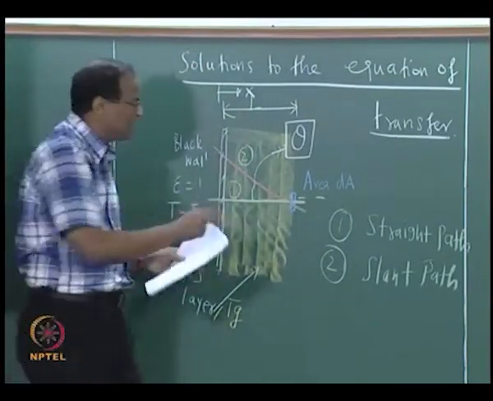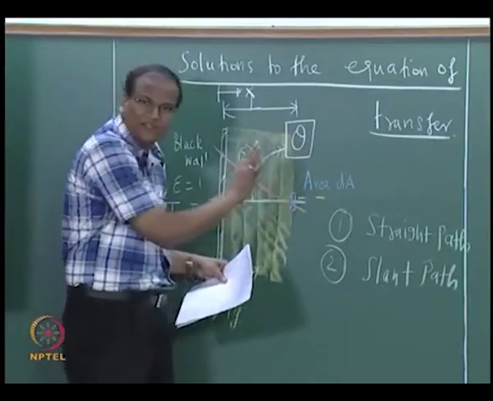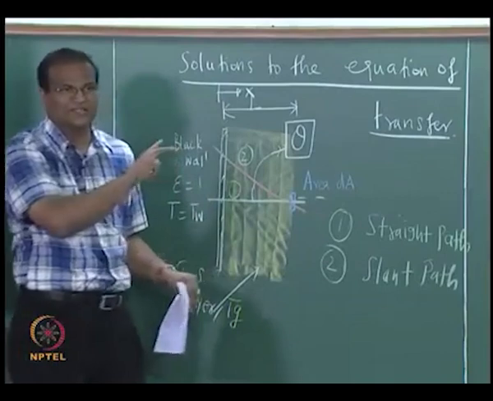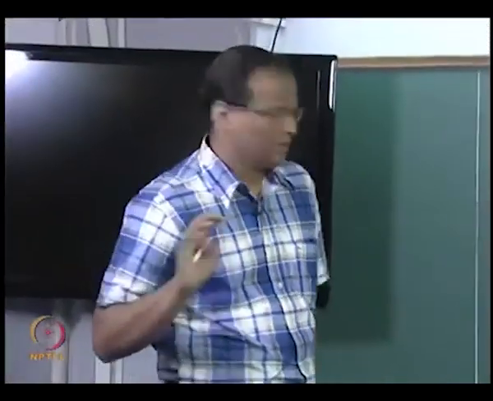Then there is also, separately, a component because of the emission from the gas which is also arriving here. There is a transmission by the gas, and there is emission from the gas.